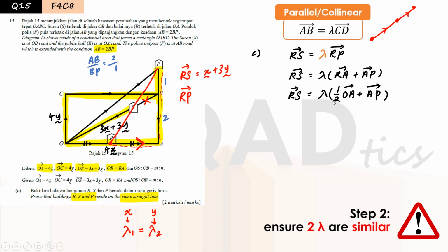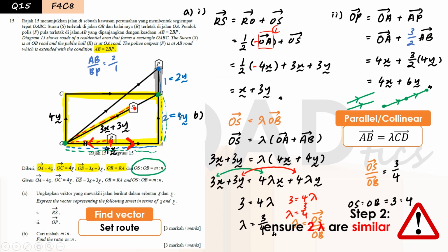Okay, so once we have the values of the vectors ready, we can just substitute inside. x plus 3y, OA here will be 4x, so divided by 2 it becomes 2x, and AP is 6y. Oh yeah, because in part B, let me go back a bit.